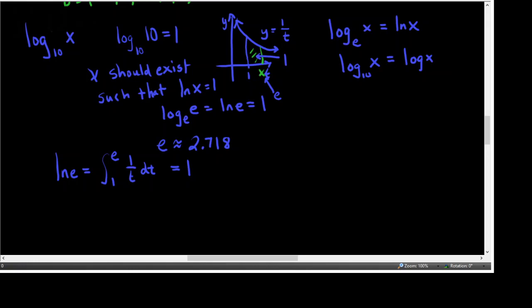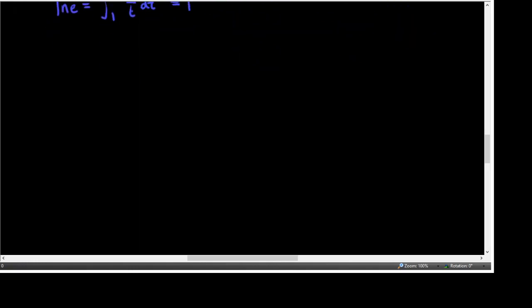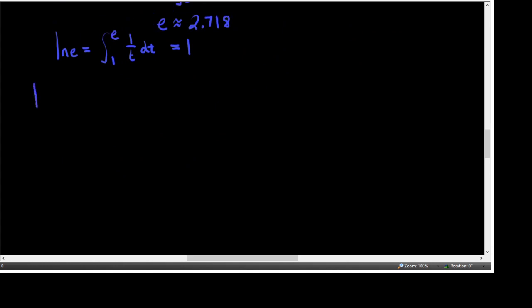So, for example, if ever we have the ln of e to the nth, we can take that n down in front and then simplify ln of e as 1 and get an answer of n.